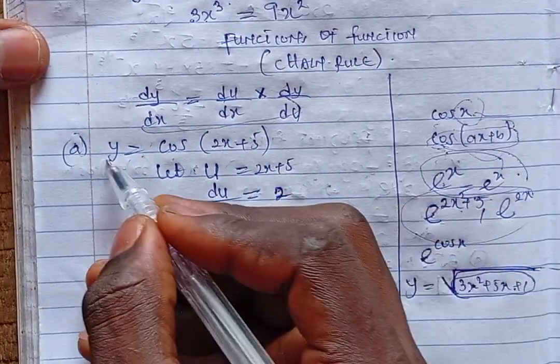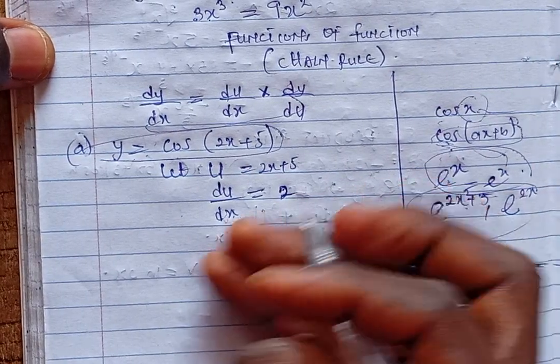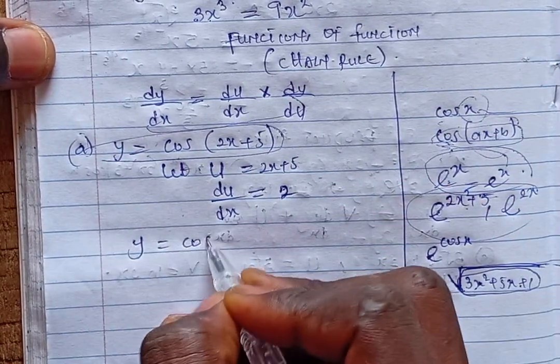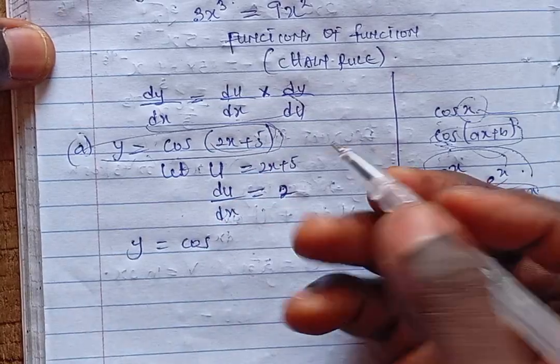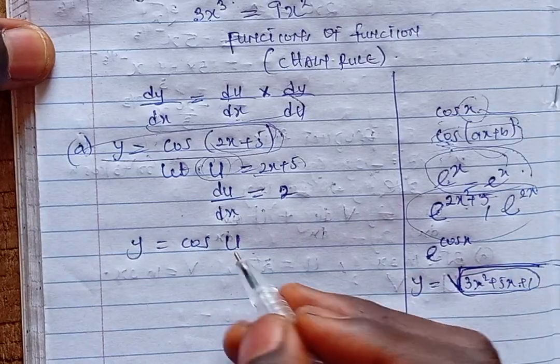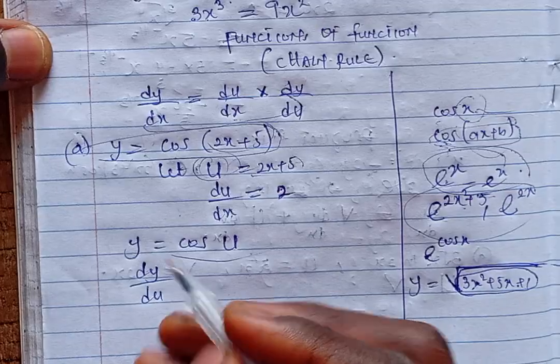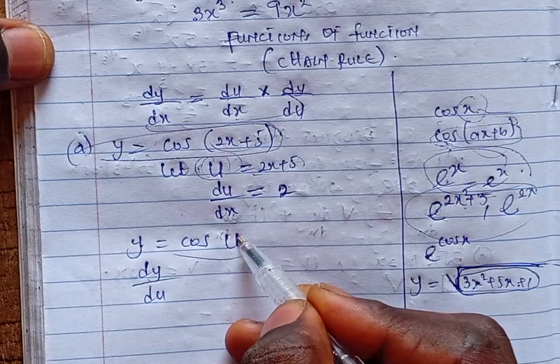Now you go back to the original question that they give you. It will now be y is equal to cos u. You know this one you can easily differentiate. You can say dy/du, because you are differentiating y with respect to u.